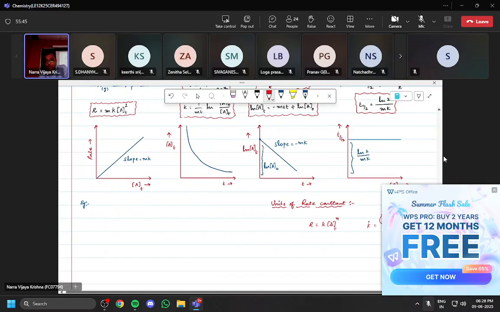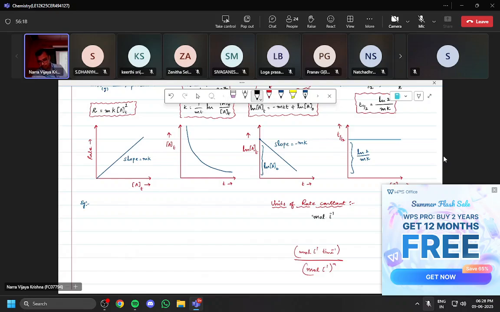What are the units of R? Moles per liter per time. Denominator, mole per liter power n. So this goes to numerator. It becomes mole per liter power 1 minus n per time.